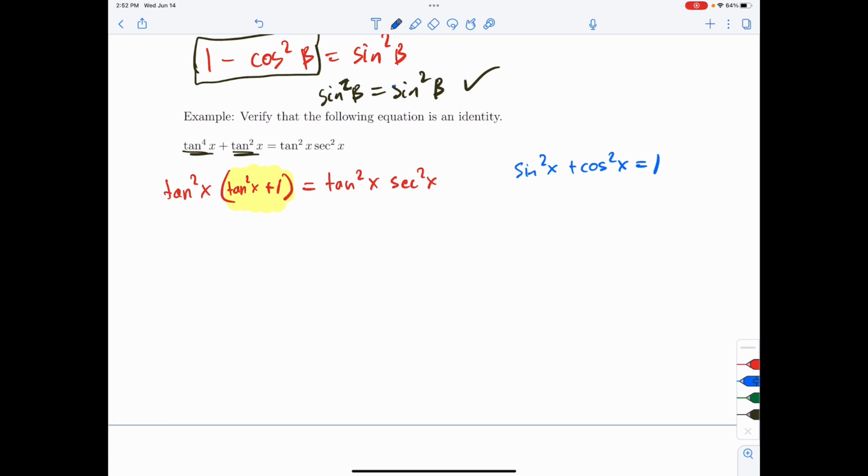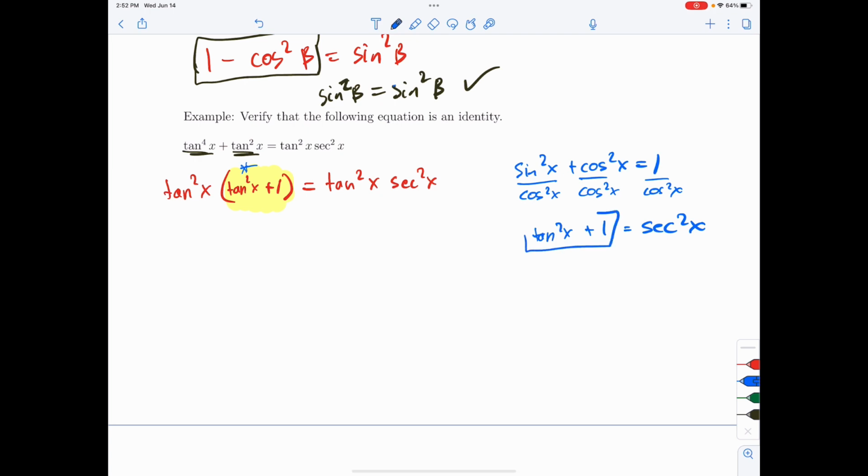How we do that is we can divide everything through by sine squared or cosine squared. Since in the problem I have tangent squared, which is sine over cosine, I'm going to divide everything by cosine squared of x. And what that leaves me with is tangent squared of x plus 1 is equal to secant squared of x.